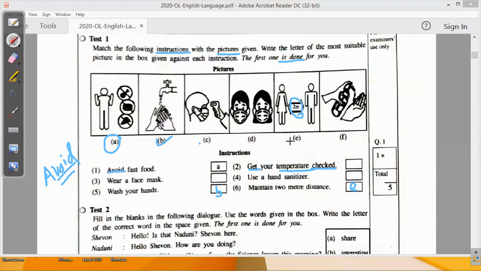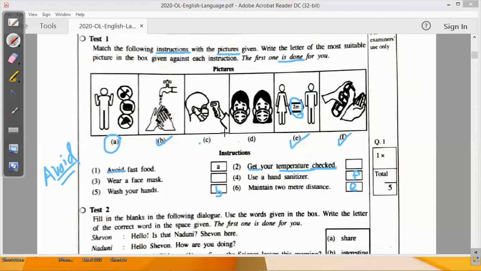Now E is done, and B is done as well, and A is already done for us. And I think this is the bottle of sanitizer, and this has to be use a hand sanitizer. So it has to be F, right? So let's mark that, and this is ticked as well.